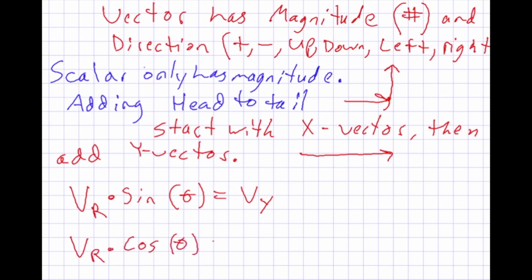And also VR times cosine theta is equal to Vx. Again, this is just our trig formula, but I've multiplied the hypotenuse over to the other side to isolate the x and y components of the vectors.